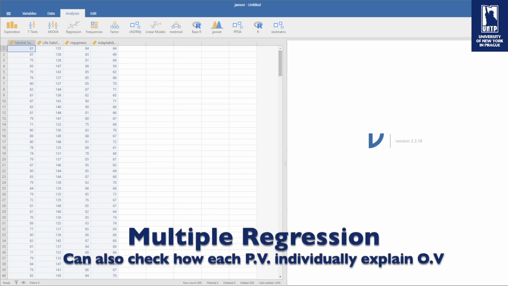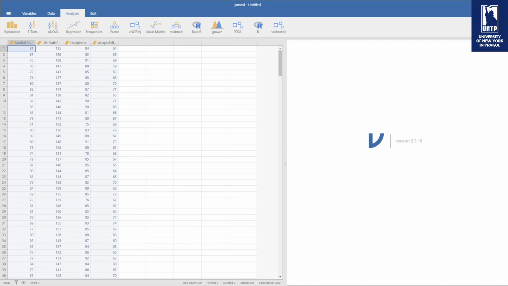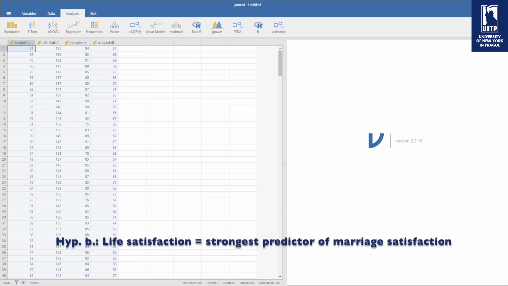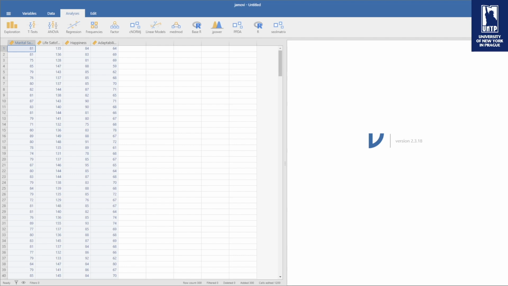Multiple regression can also check how much of the variance in marriage satisfaction each of these factors explain individually. So, the second hypothesis of our marriage counselor may be that life satisfaction will be the strongest predictor of marriage satisfaction. But let's go through steps.